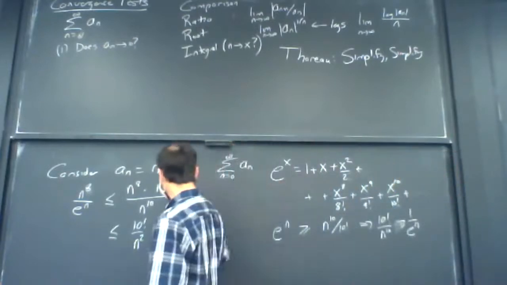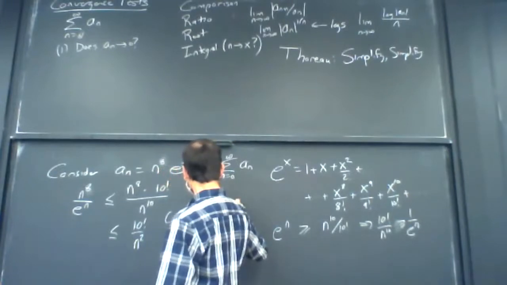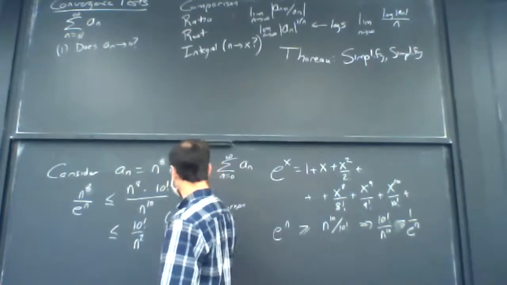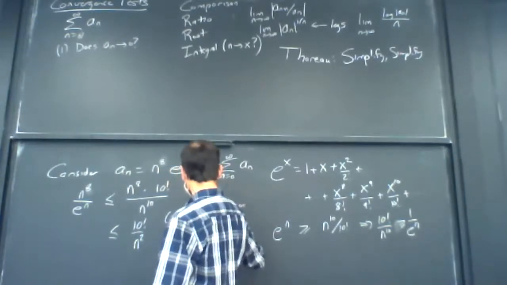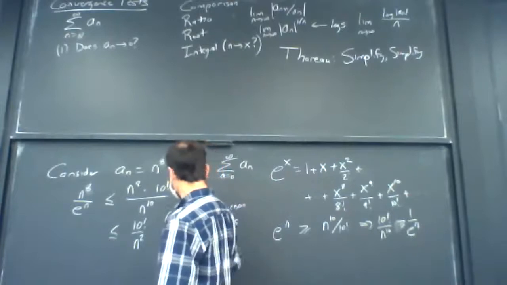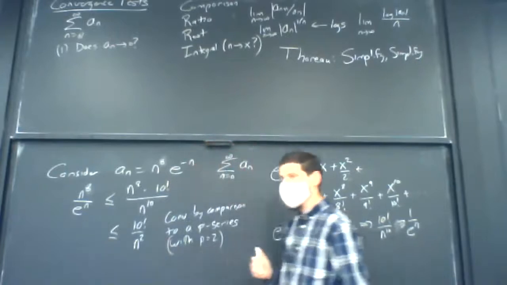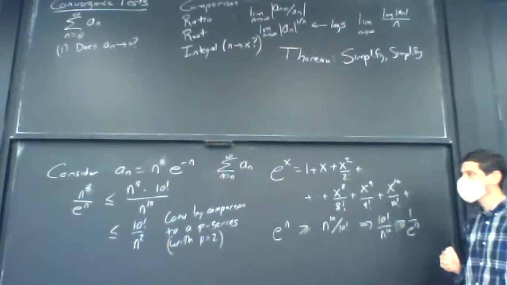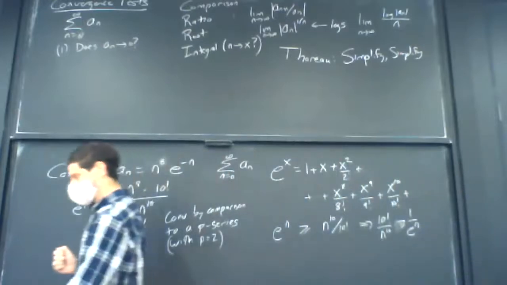Converges. So now we have converges by comparison to a p-series with p equals 2. And so here is a way to prove that this sum converges by using the comparison test.